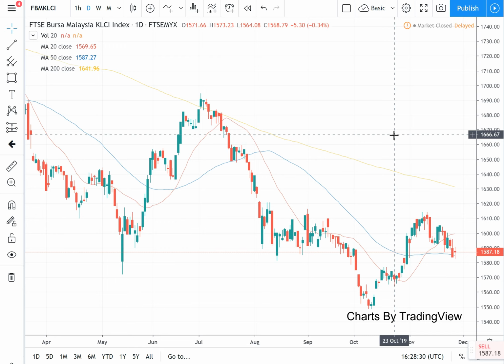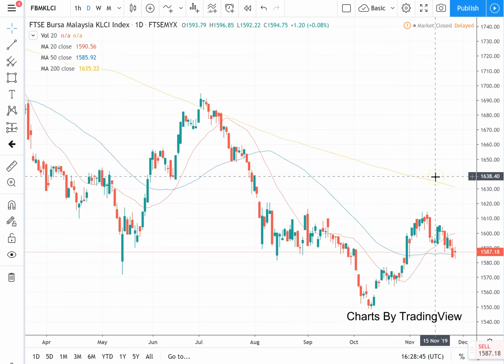Whenever you see an index or a stock below a 200-day moving average, it's not very healthy. And if you have an index that is below a declining, which means slanting downwards, moving average, the odds of it going lower are very high. It means it's bearish.